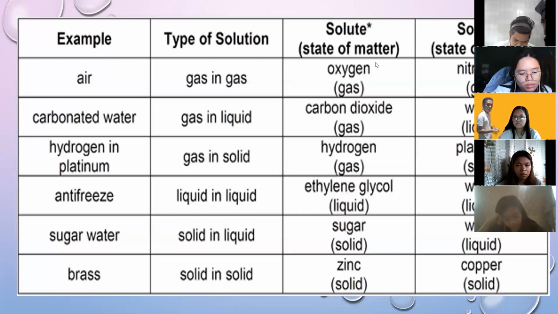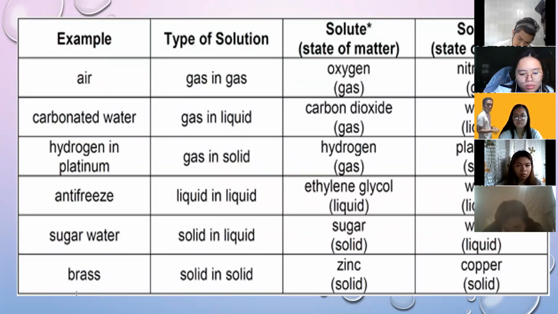One of the reasons is to avoid rusting, so that it won't easily rust. That's why we mix them. One example of an alloy is brass, a combination of zinc and copper. When you hear that something is made of brass, it means zinc and copper were mixed there.